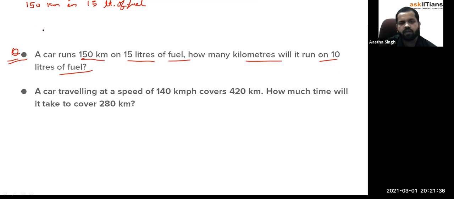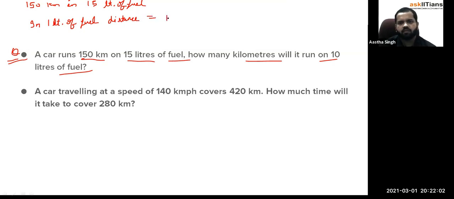I am calculating by the unitary method, which says first find the value of one unit, so I am finding it for one liter of fuel.